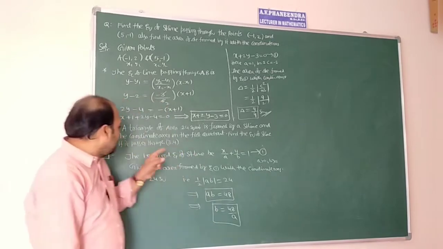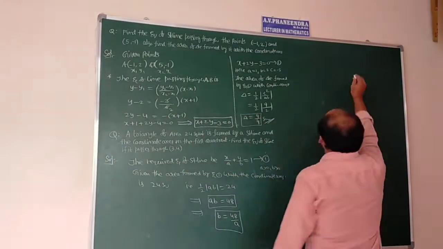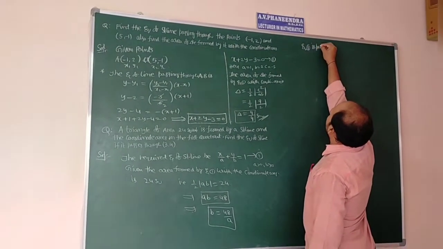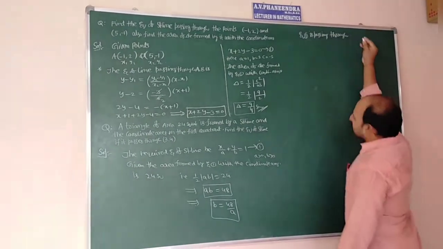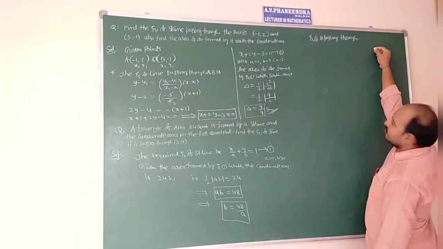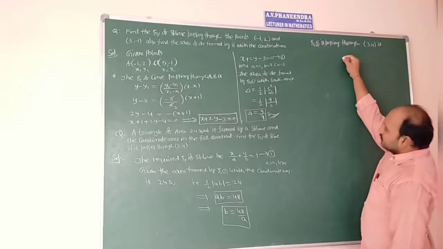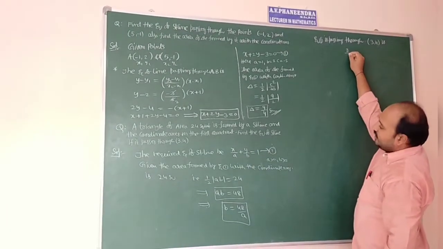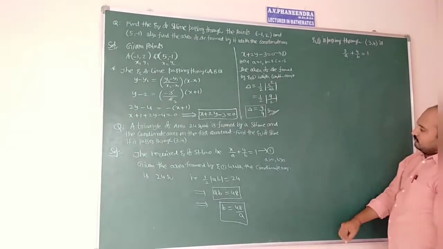After that, one more condition is given. It is passing through the point (3, 4). Equation 1 is passing through (3, 4), so in place of x, y, substitute 3, 4. 3 by a plus 4 by b is equal to 1.